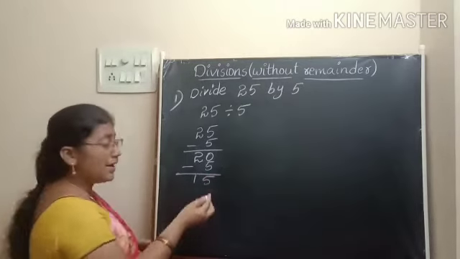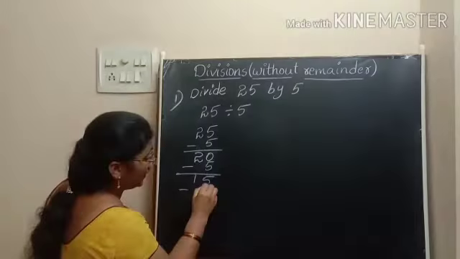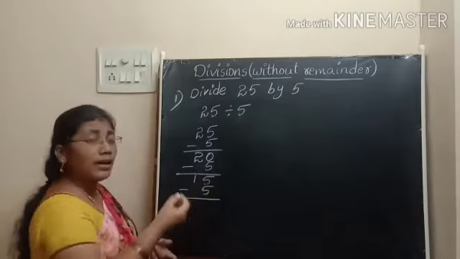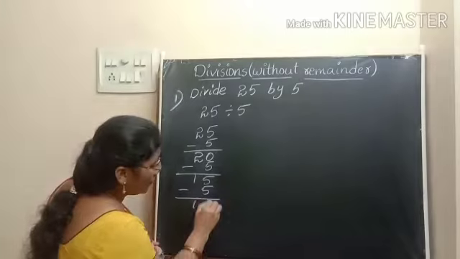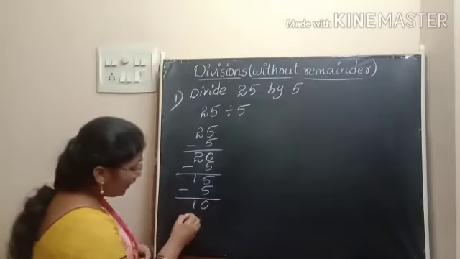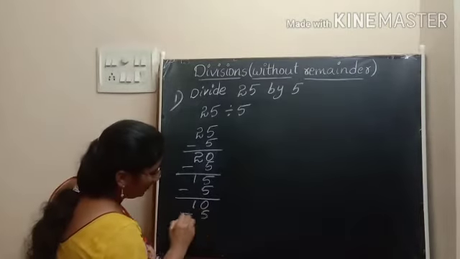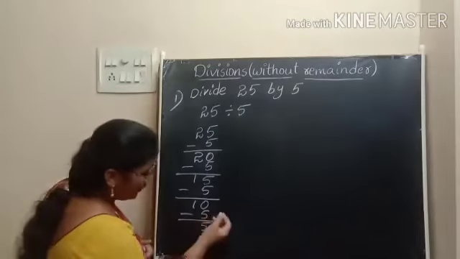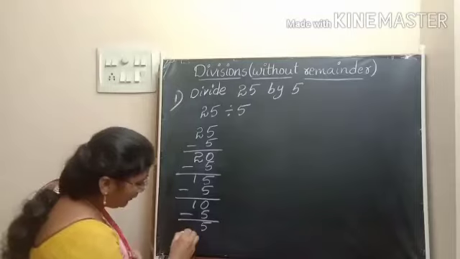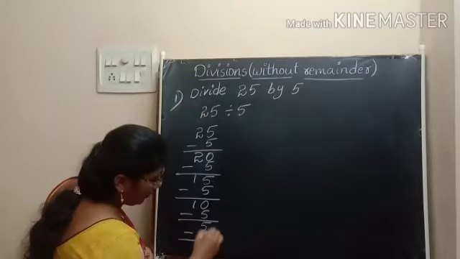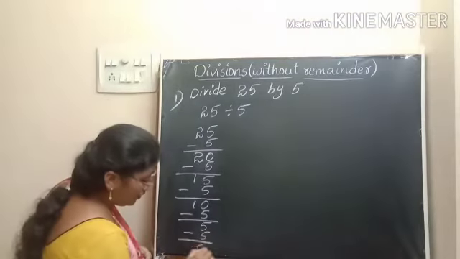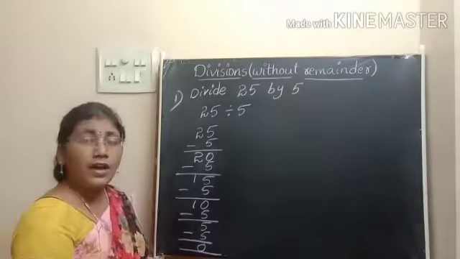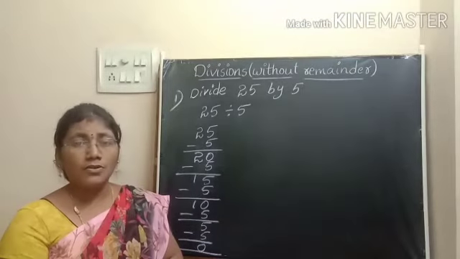Again subtract 5. 15 minus 5 is equal to 10. Again subtract 5. 10 minus 5 is 5. Again subtract 5. 5 minus 5 is equal to 0.